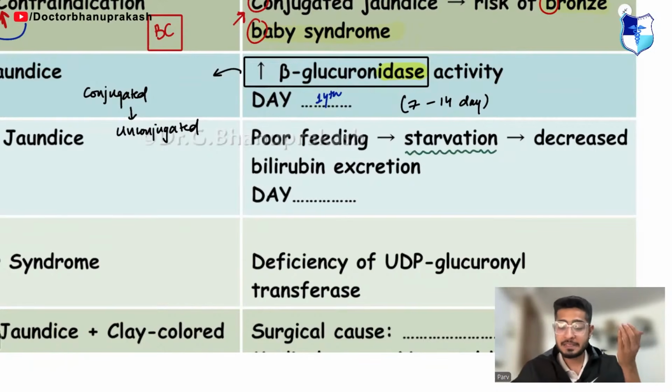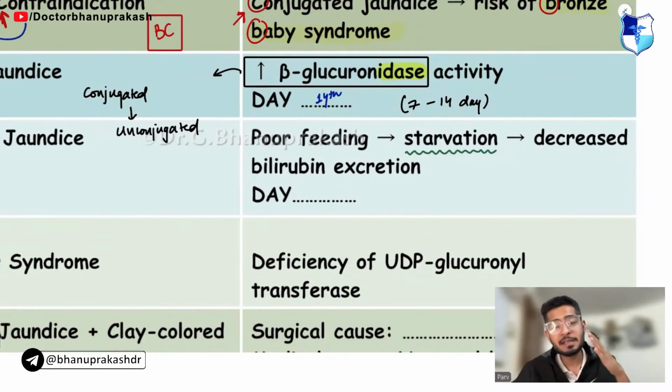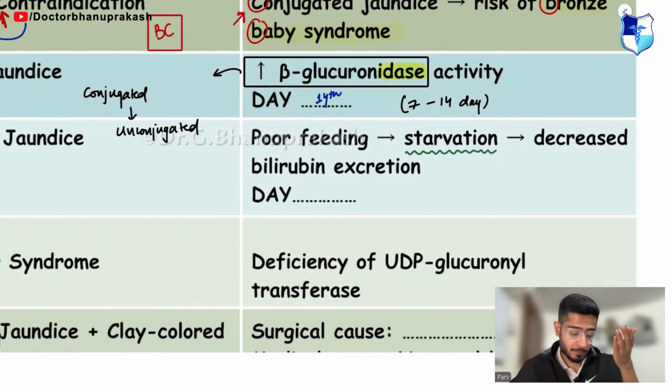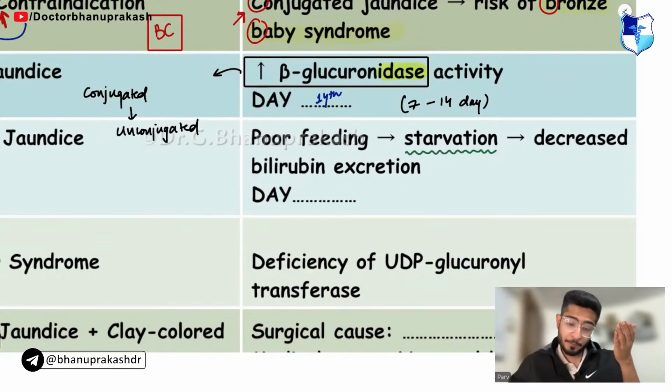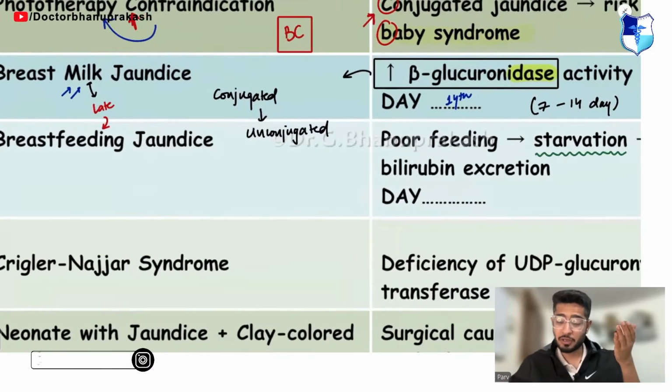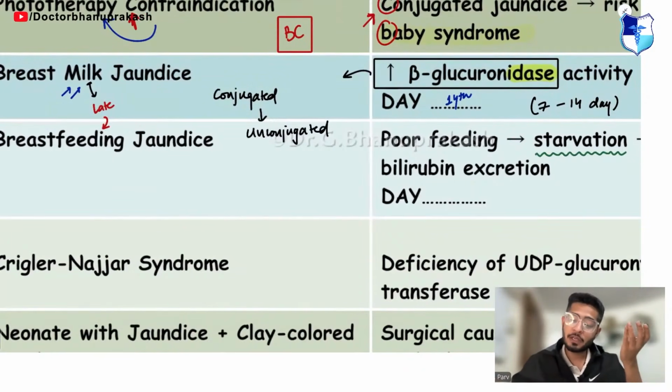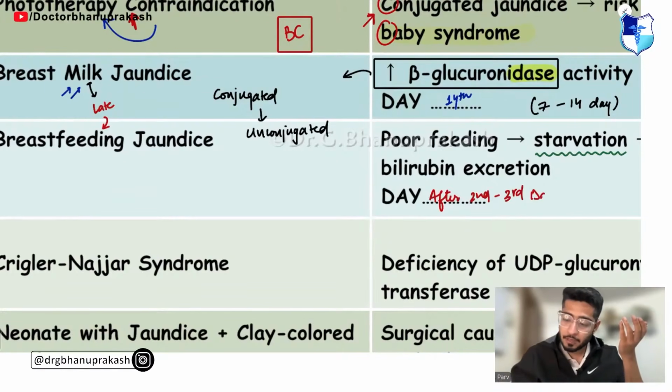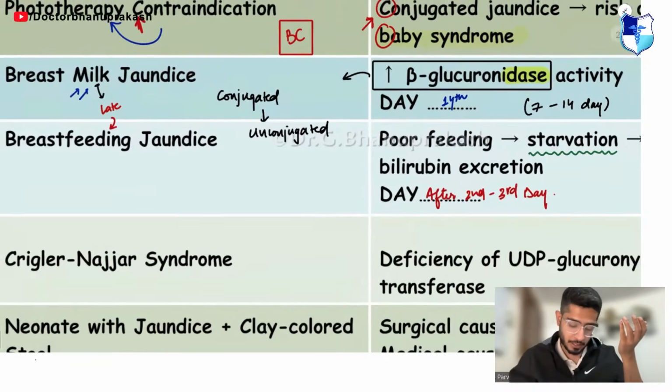If the baby is starving, there will be decreased bilirubin excretion in these babies. And because of that, they are going to have breastfeeding jaundice. And when will you expect breastfeeding jaundice? After the 2nd to 3rd day. Breastfeeding jaundice is going to develop after the 2nd to 3rd day.